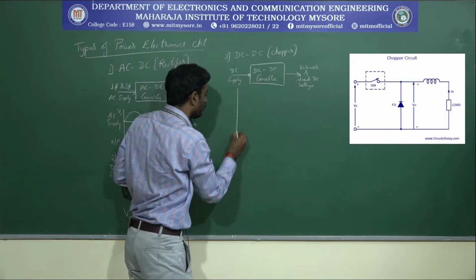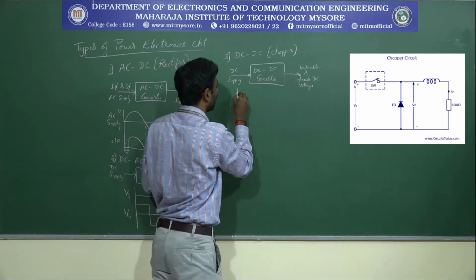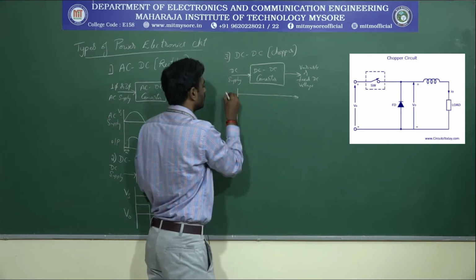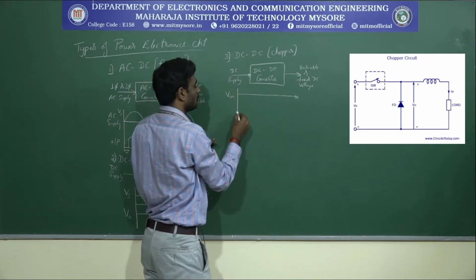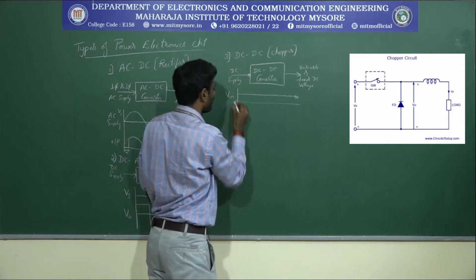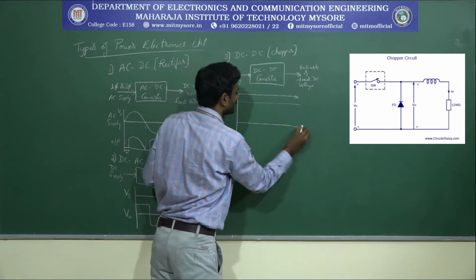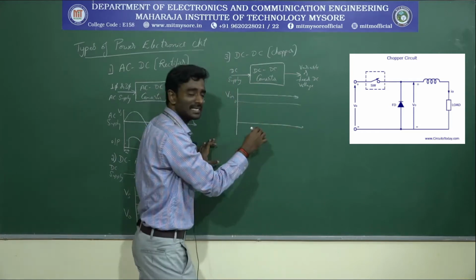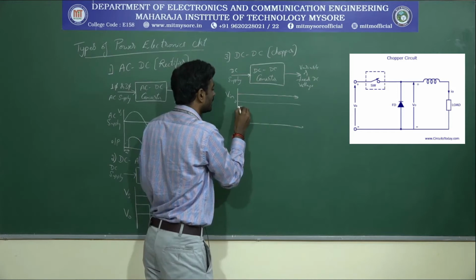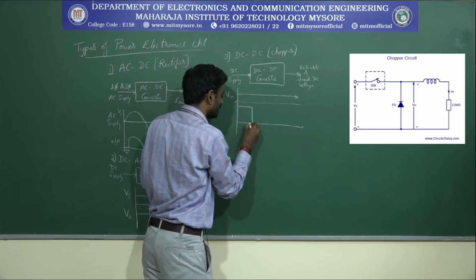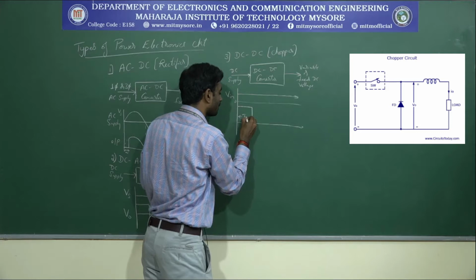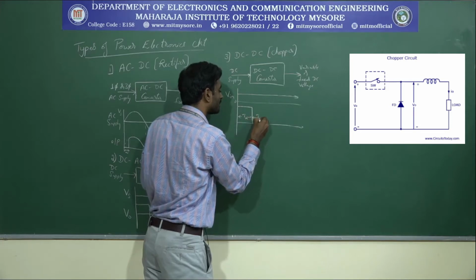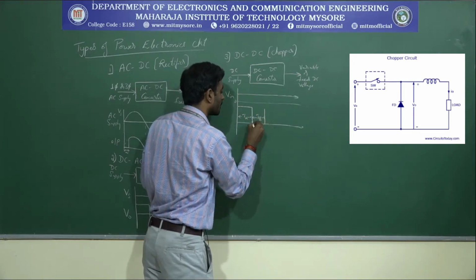And if you consider the waveform, the input is a DC voltage, this will be my origin point, and the output in this case will be DC. With respect to the input value, I will consider this as an on time and the remaining as an off time.